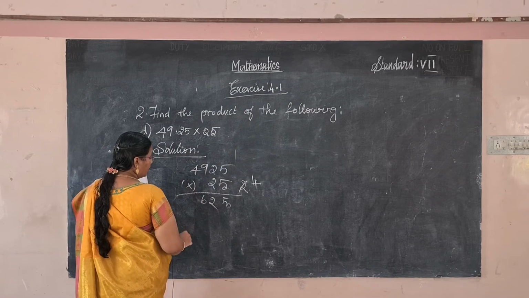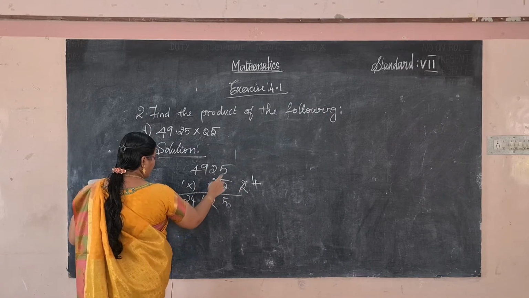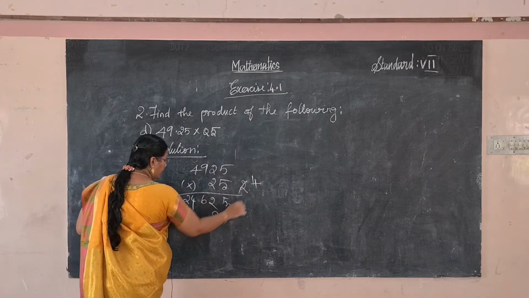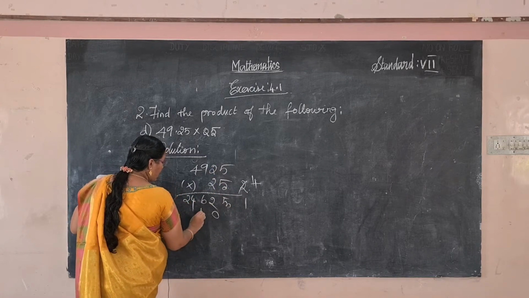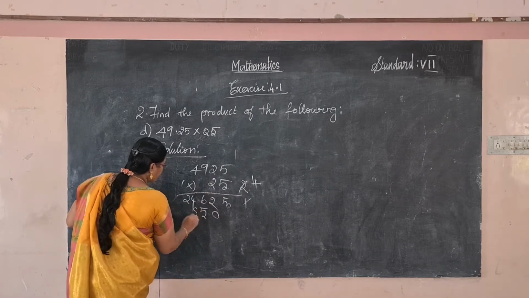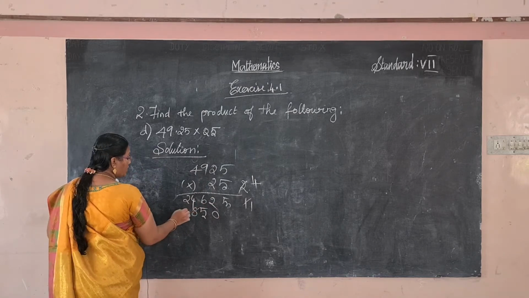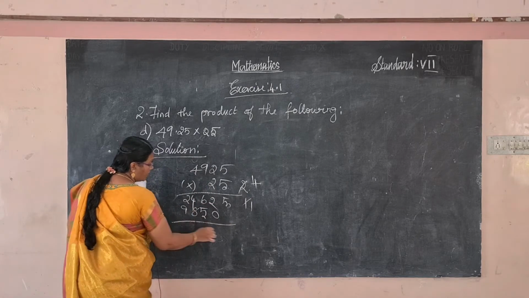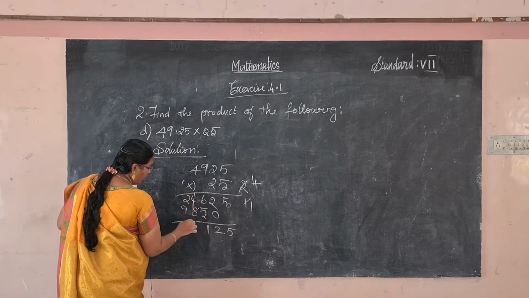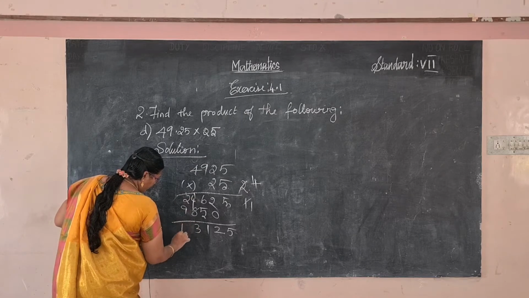5 4s are 20, 20 plus 4, 24, and next multiply by 2. 2 5s are 10, 2 2s are 4 plus 1, 5, 2 9s are 18, 2 4s are 8, 8 plus 1, 9. Add them.